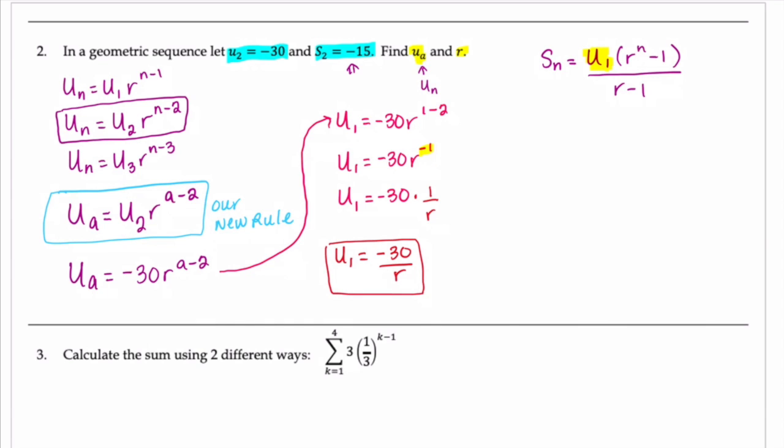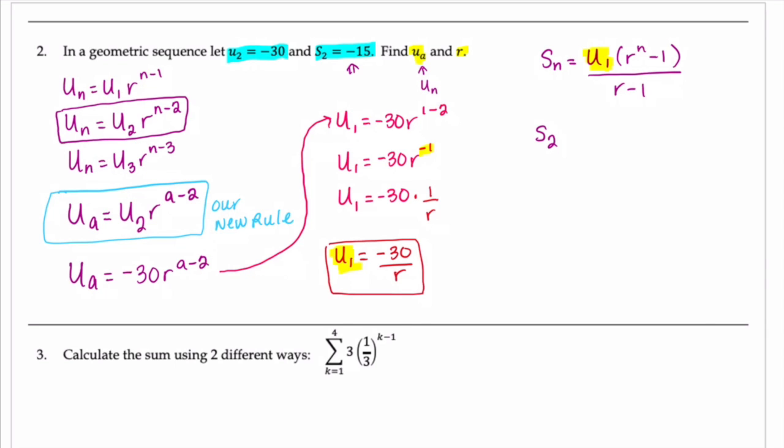And since I have that now, I could actually replace my u sub 1 in the sum of the two terms. So let me keep going. At this point, what we want to do is use the sum formula for S sub 2.